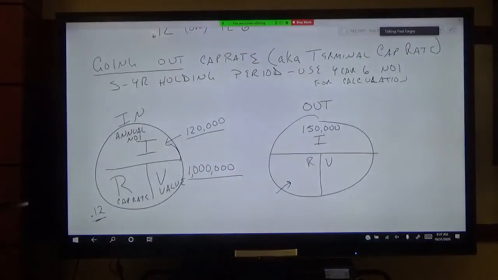So if by doing that, you can go from having a 12% cap rate to maybe, I don't know, a 9% cap rate, okay, then that's going to have a positive influence on what you're going to sell the property for.